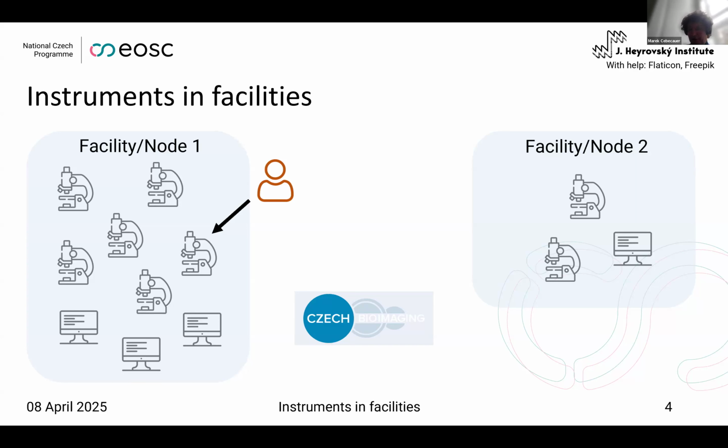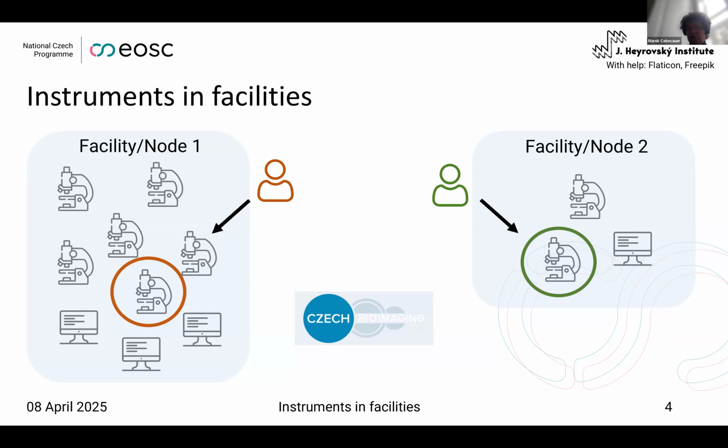So the user gets registered with the facility, as indicated by the arrow. The user wants to use an instrument, and it is the specific instrument which is then used for a specific measurement. It doesn't have to be only the instrument. As indicated below, it could also be some computational processing of data following the measurement.